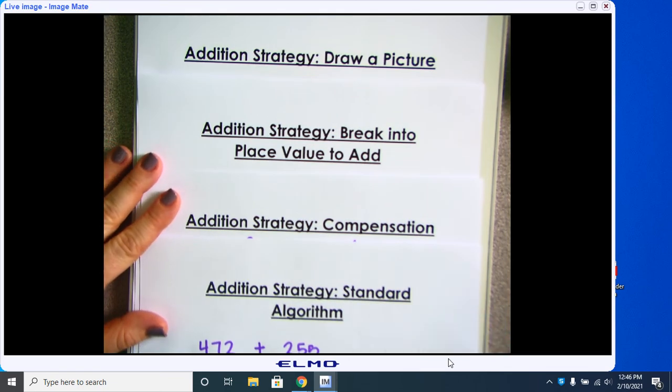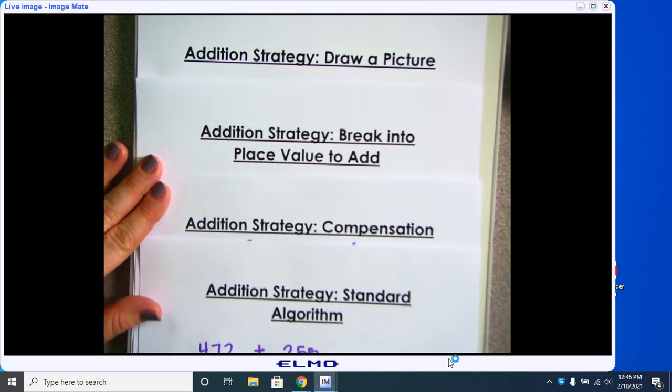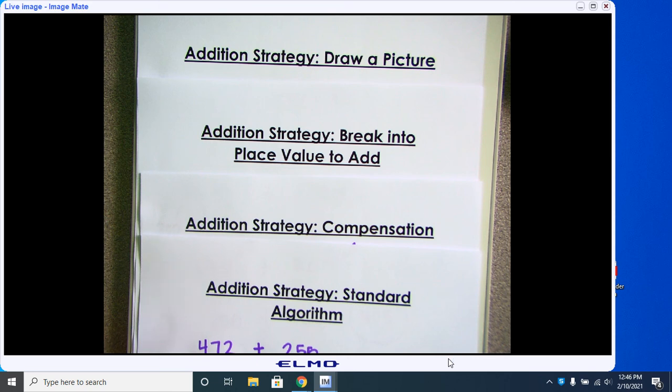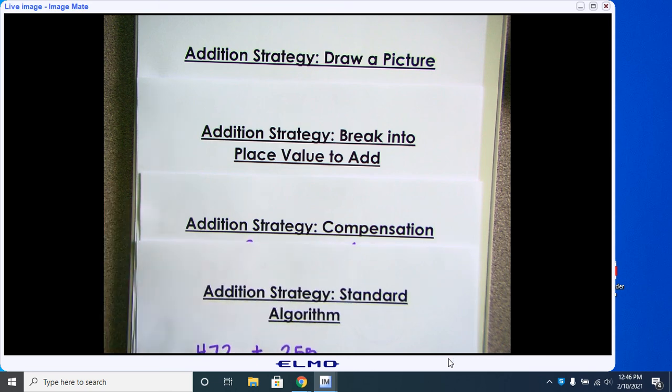That's kind of just an opinion. You would have to decide what you think's easiest to hardest for you. But on your test, you can use any strategy that you want.